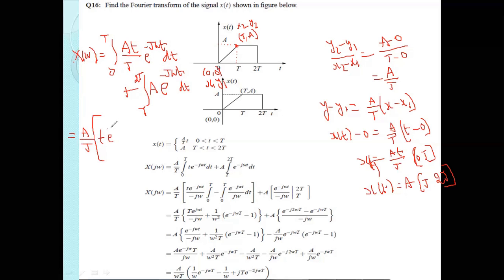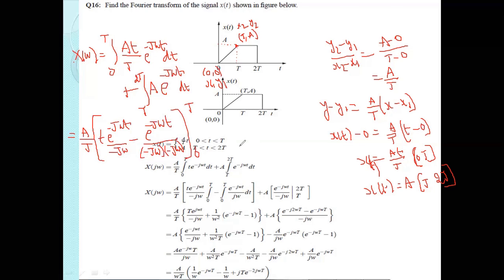So t into e power minus j omega t by minus j omega, and minus, we get here e power minus j omega t by minus j omega, the minus into minus gives the plus, so minus j omega one time and another time also minus j omega, with upper limit T and lower limit 0.